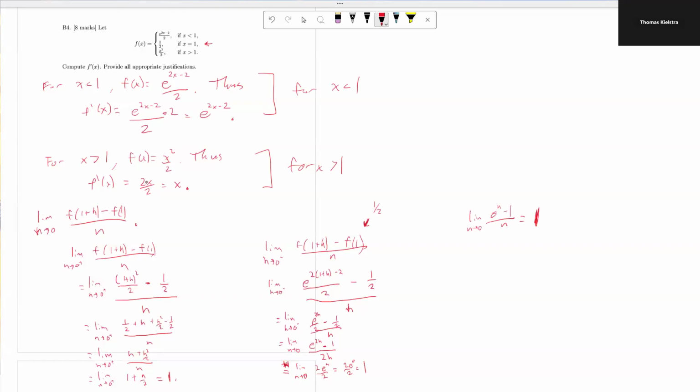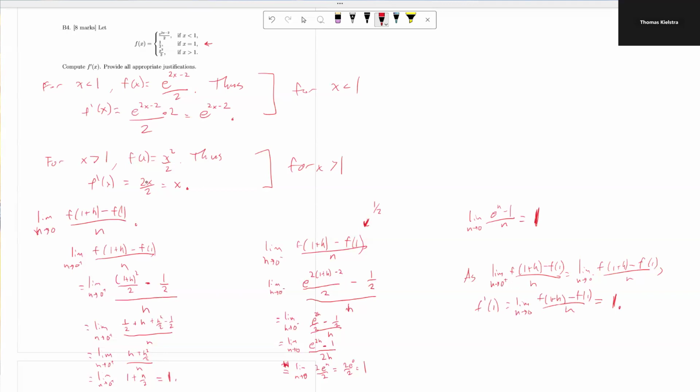We're using L'Hopital's rule. Now, the limit as h approaches 0 from the positive of f of 1 plus h minus f of 1 over h equals the limit as h approaches 0 from the negative of f of 1 plus h minus f of 1 over h, so f prime of 1 equals the limit as h approaches 0 of f of 1 plus h minus f of 1 over h, which equals 1.